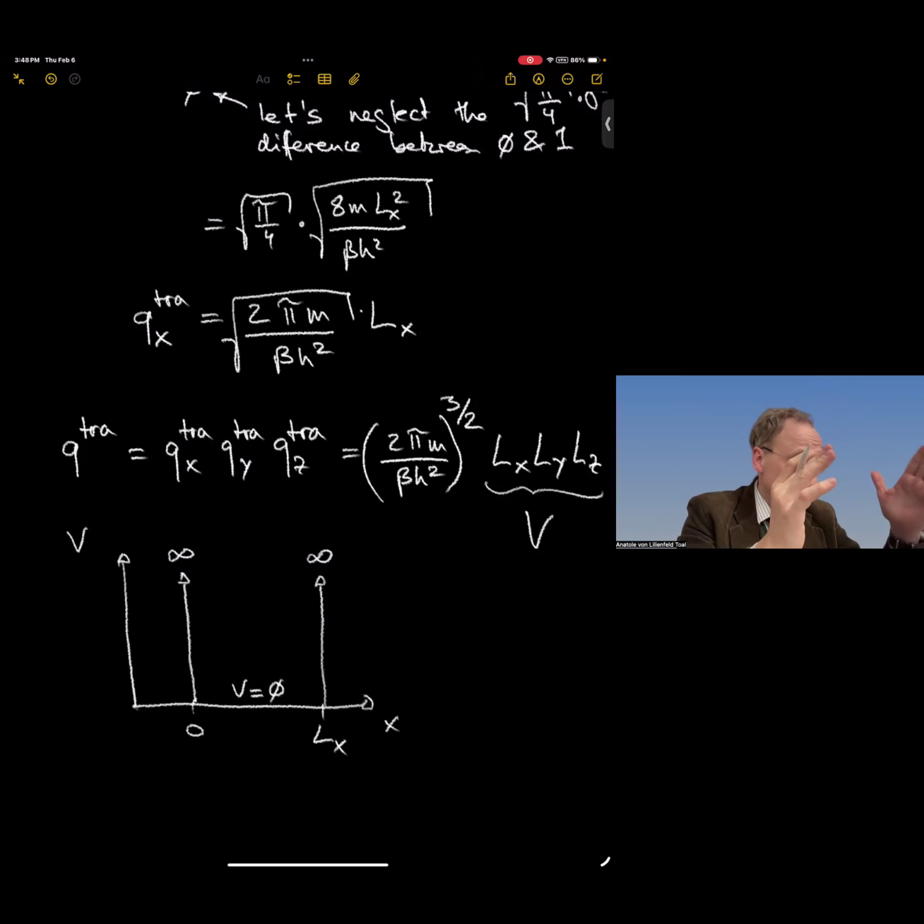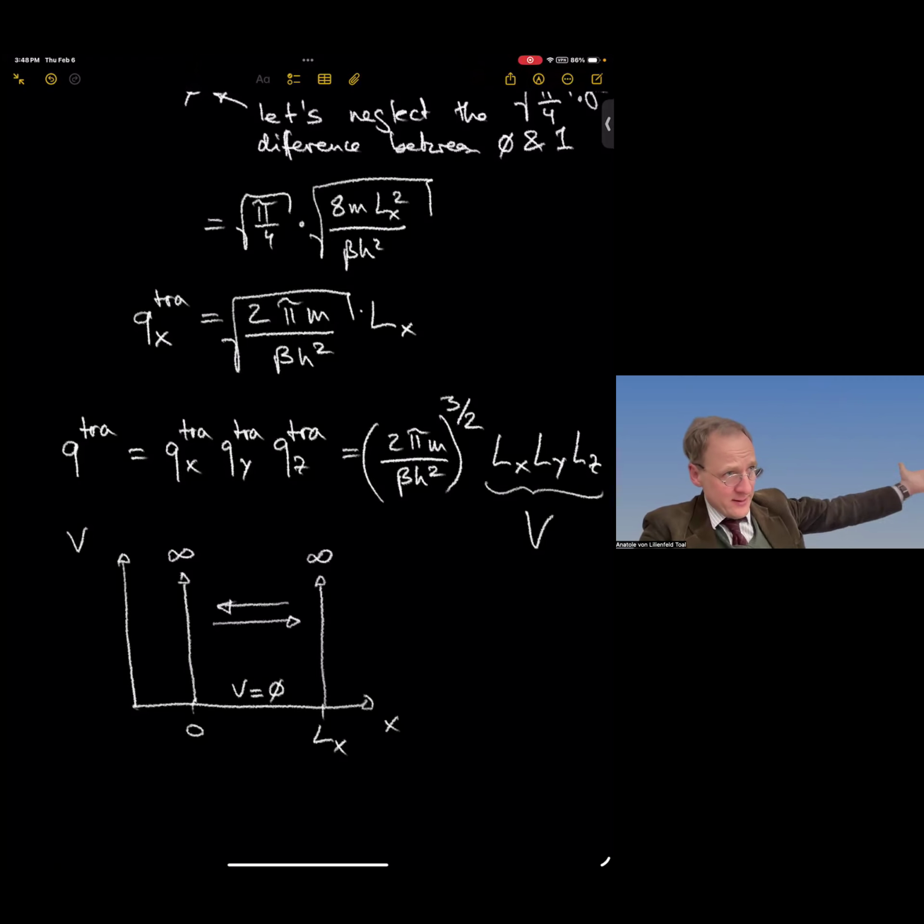Imagine you have some container and your particle is flying around in the container and there's no interaction. This means it only has kinetic energy, right? So it's freely going back and forth, bouncing off the wall, right? Like billiard balls, you hit the wall, it's a huge potential, and then you come back again, right? And so this is a good, fitting Schrödinger equation for the translation of your entire molecule. Okay.